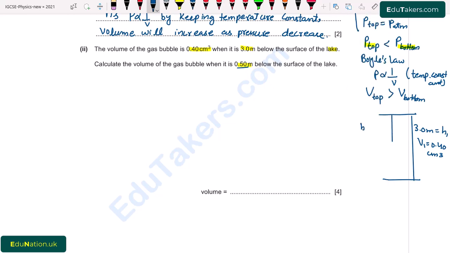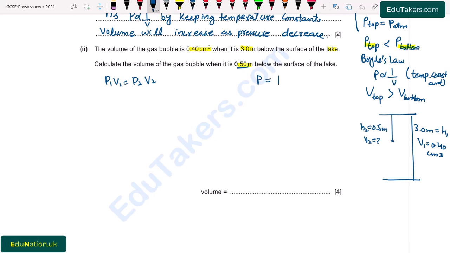This is H2, 0.5 meters, and here we have to calculate the volume. By using Boyle's law, we know that P1 V1 is equal to P2 V2. We don't know the value of pressure here. We have to calculate this, and the pressure will be the sum of atmospheric pressure and the pressure due to water.